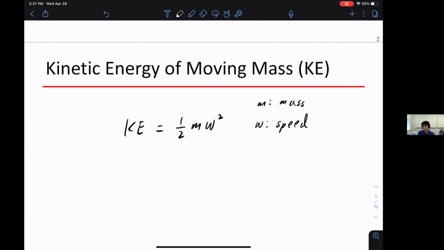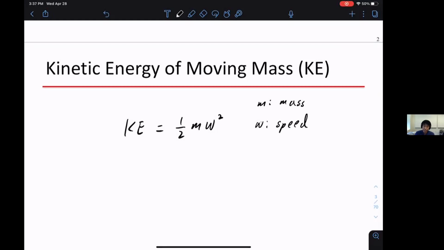We use w for speed because we want to talk about wind speed. It's more common to use w for wind speed instead of v. But anyways, the equation is a simple equation, it's just 1/2 mv squared.